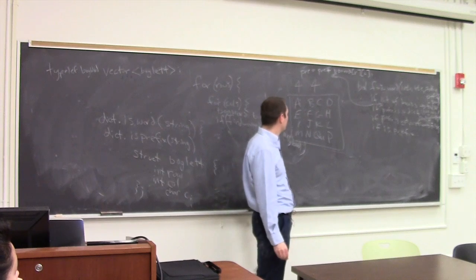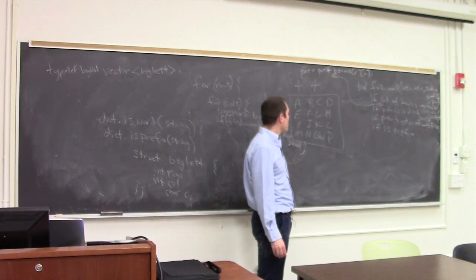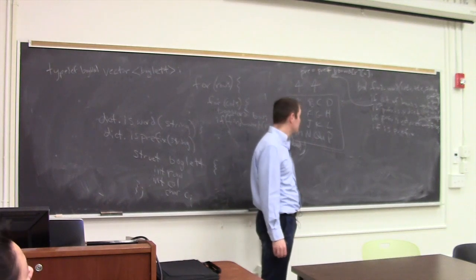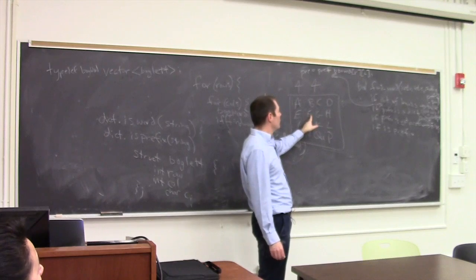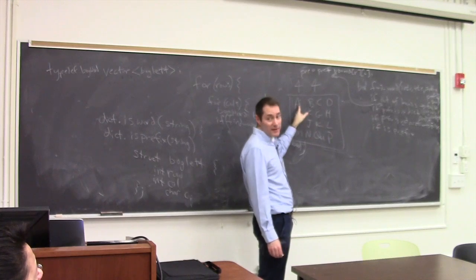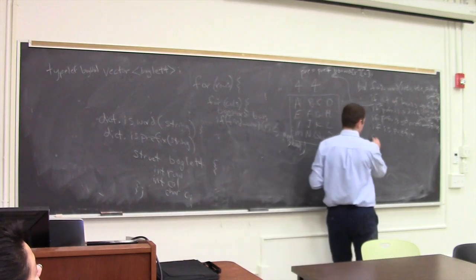So you're going to have, let's see. I think a clever way to do it is to go, what's this one? Row -1, column -1? So how about this?